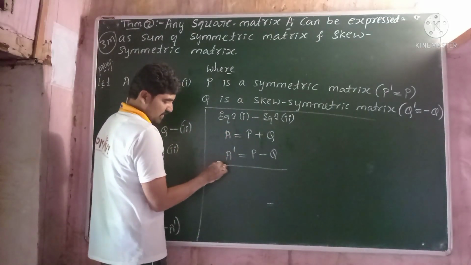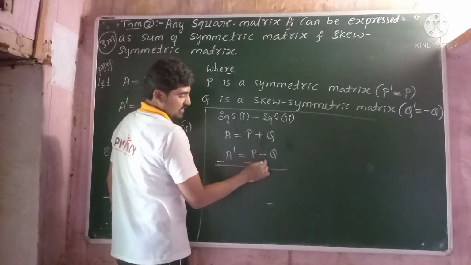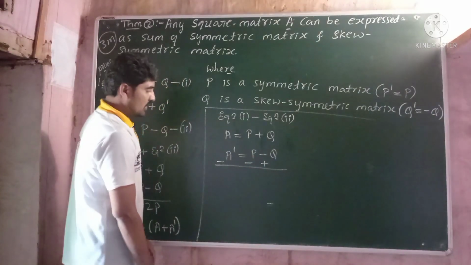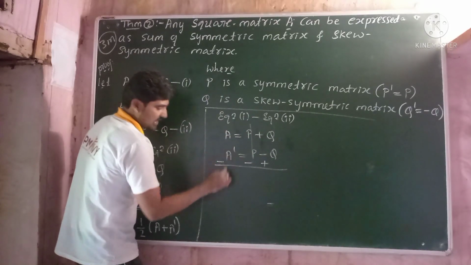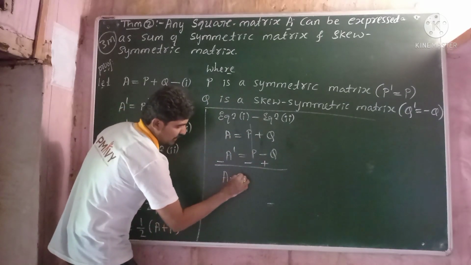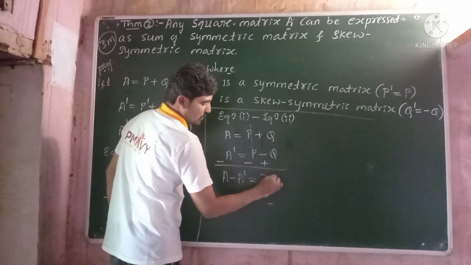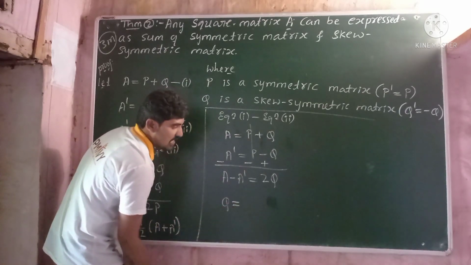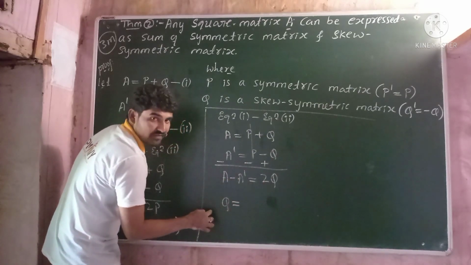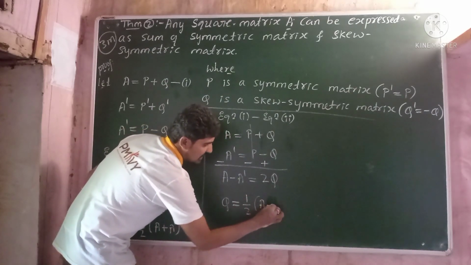Therefore, plus A dash becomes minus A dash, plus P becomes minus P, and minus Q becomes plus Q. So P minus P get cancelled. A minus A dash is equals to Q plus Q, 2Q. Therefore, required matrix Q is equals to, shift this 2 towards the left hand side, it becomes 1 by 2 into A minus A dash.